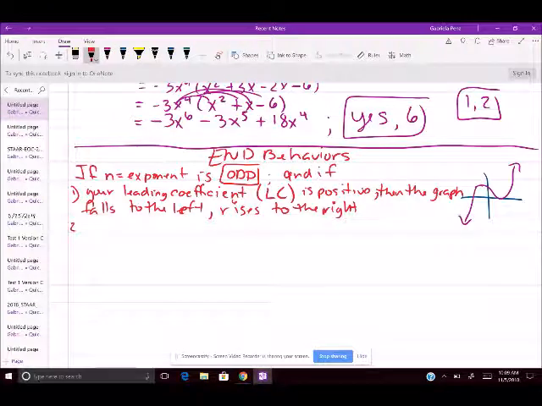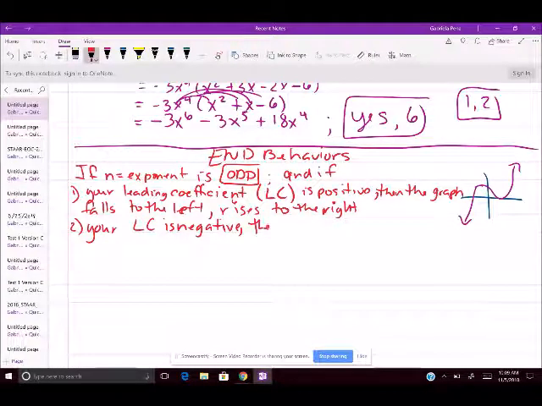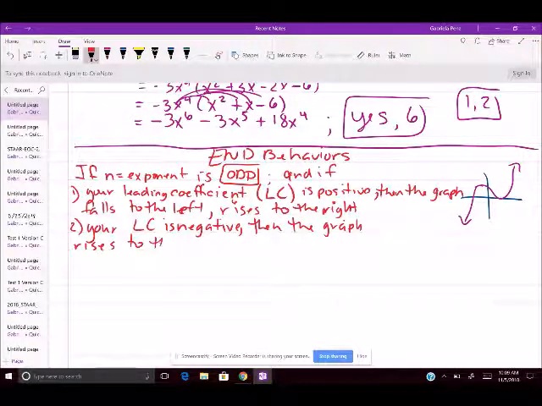But then you also have the other part. If your leading coefficient is negative, then the graph rises to the left and falls to the right.